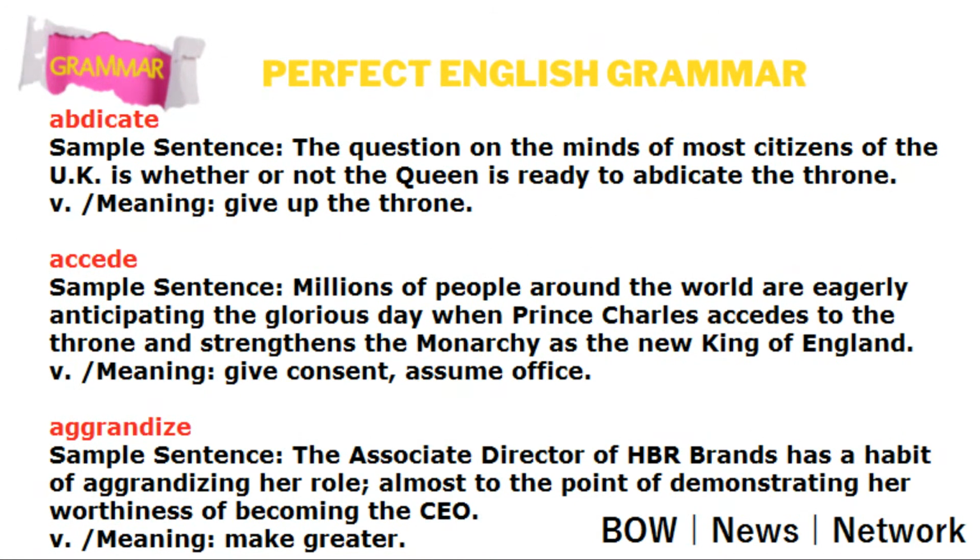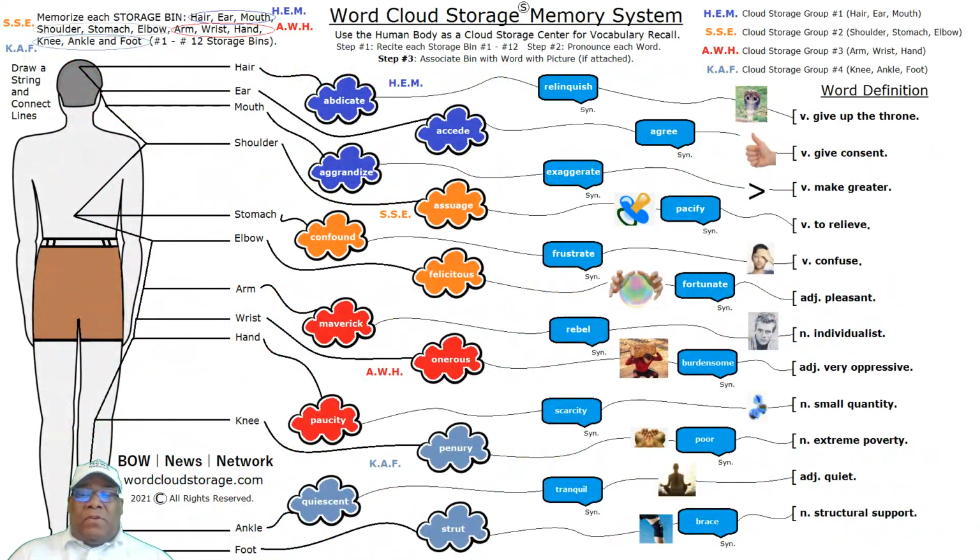Accede: millions of people around the world are eagerly anticipating the glorious day when Prince Charles accedes to the throne and strengthens the monarchy as the new King of England. Verb meaning give consent, or it could mean assume office. So in this case, it's assume the throne. And so that is accede.